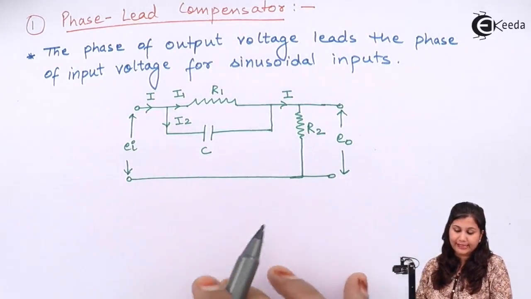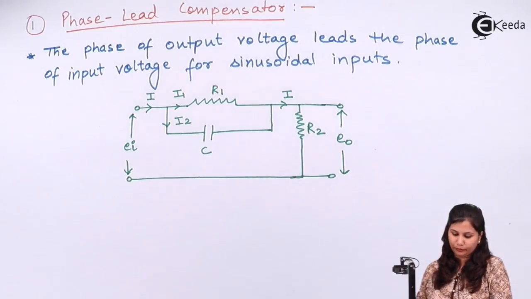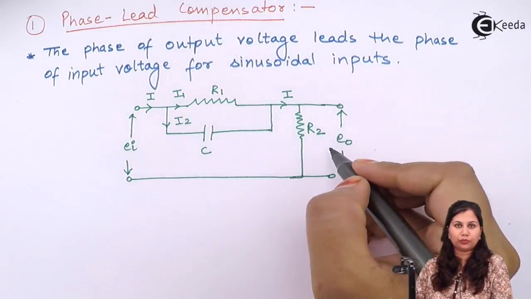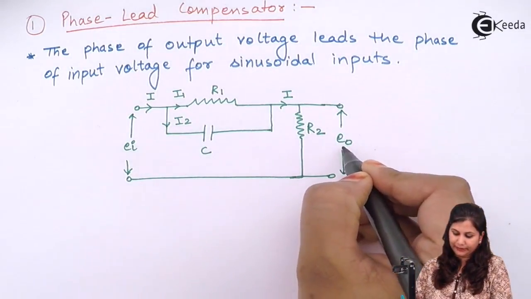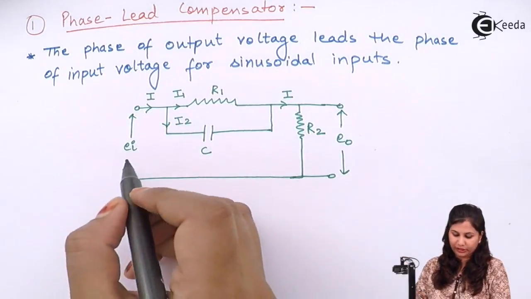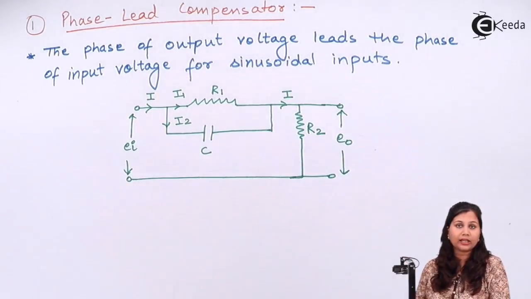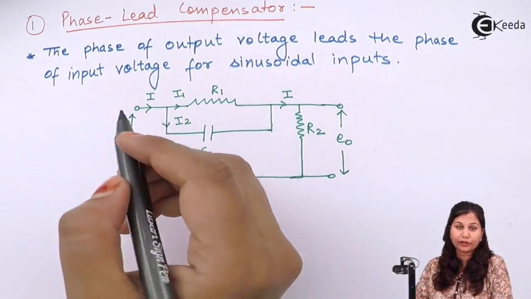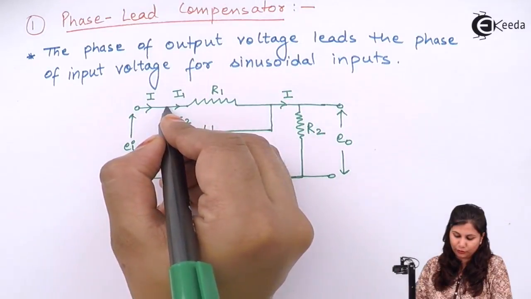So this circuit is an example of a phase lead network. Here the phase of the output voltage, that is E0, will lead the phase of the input voltage, that is EI. Now to derive the transfer function, let us apply Kirchhoff's current law at this node.